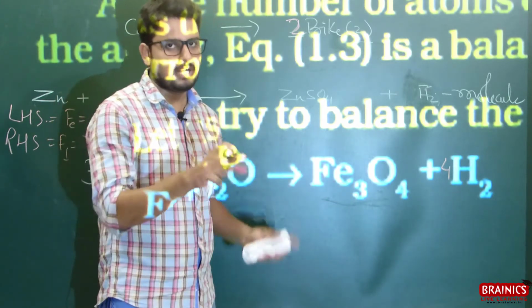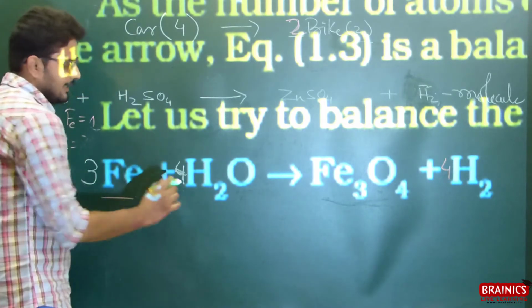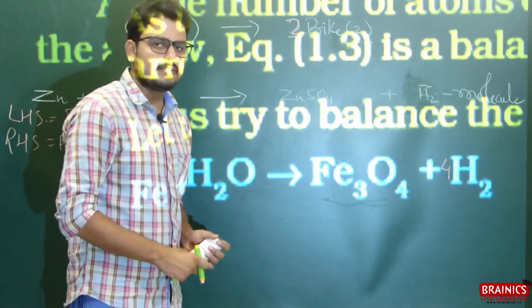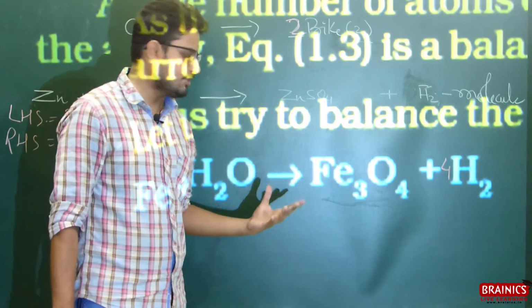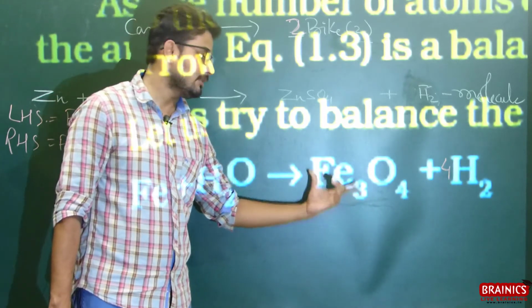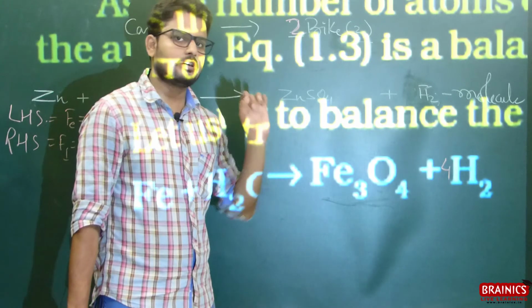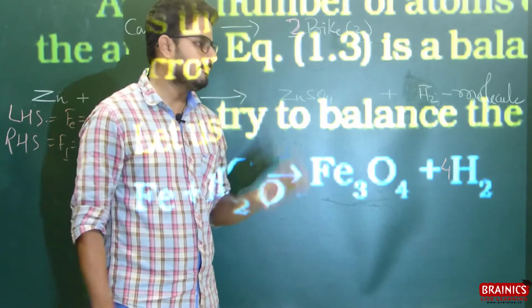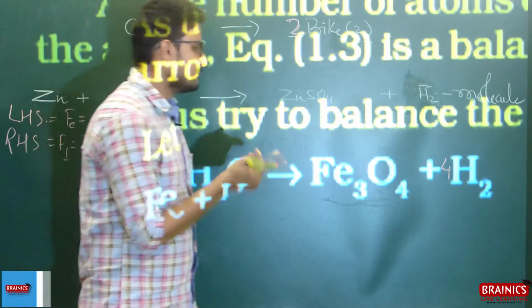But if we find it is not balanced, then we have to look at the big compound in the given equation. In this equation, Fe3O4 is the big compound. So we look at the RHS or LHS big compound, then we start balancing it.